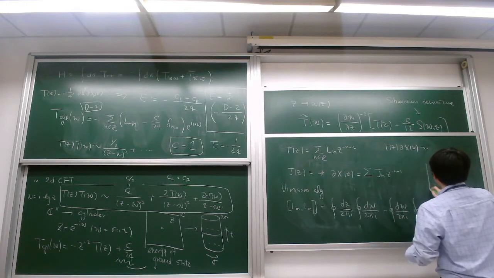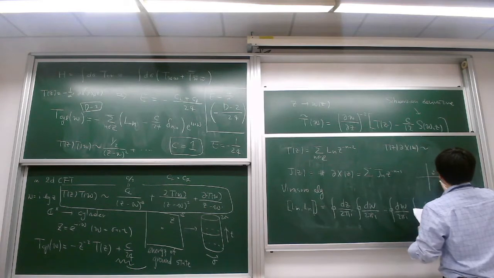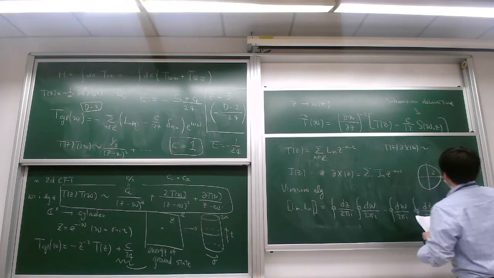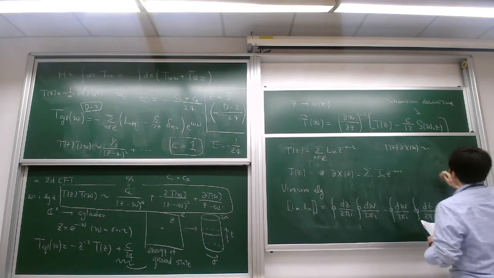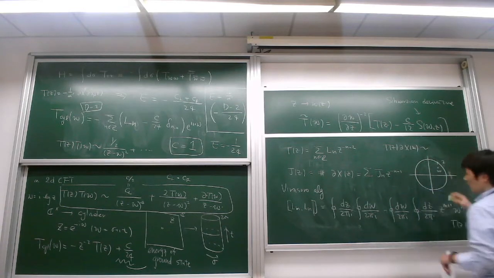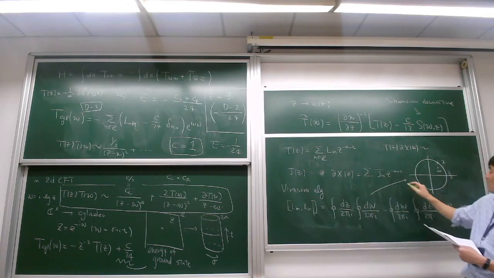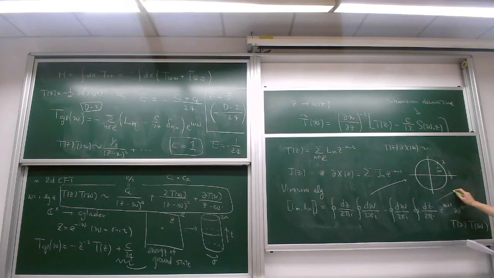First, you need to do the z integral and w. Oh my goodness, my hand drawing is horrible. So take one z contour here, and another contour integral here, where you take z smaller than w.